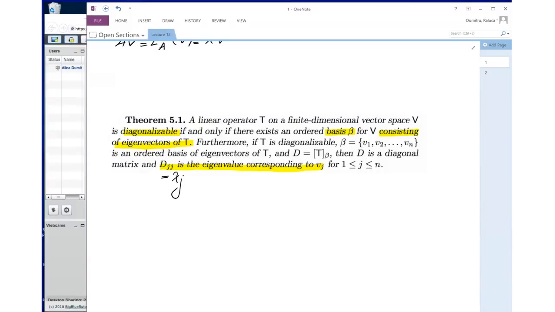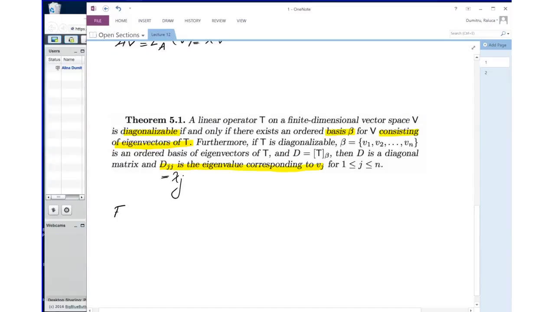Okay, so if we want to diagonalize a matrix or a linear transformation, all we have to do is find this basis in which the matrix corresponding to T is diagonal, and then find the corresponding eigenvalues.